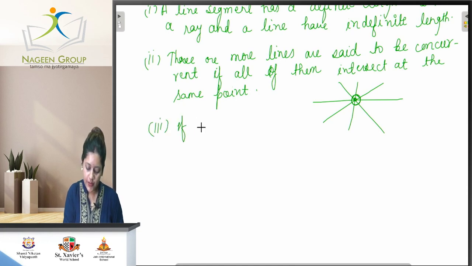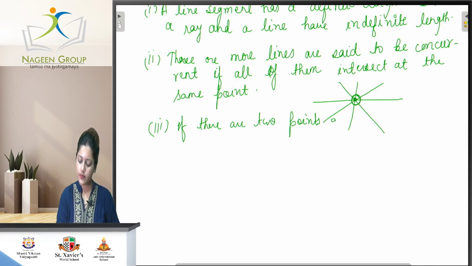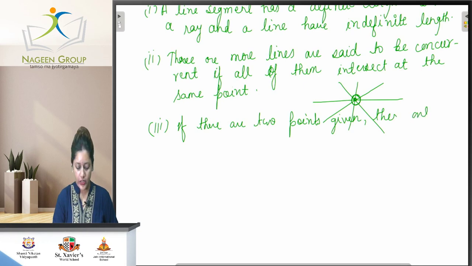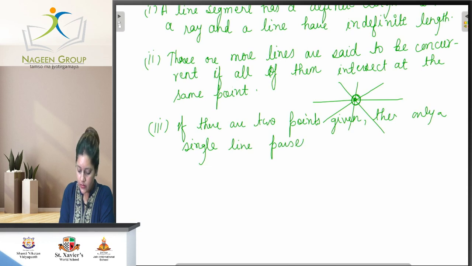Next, if there are two points given, then only a single line passes through them.